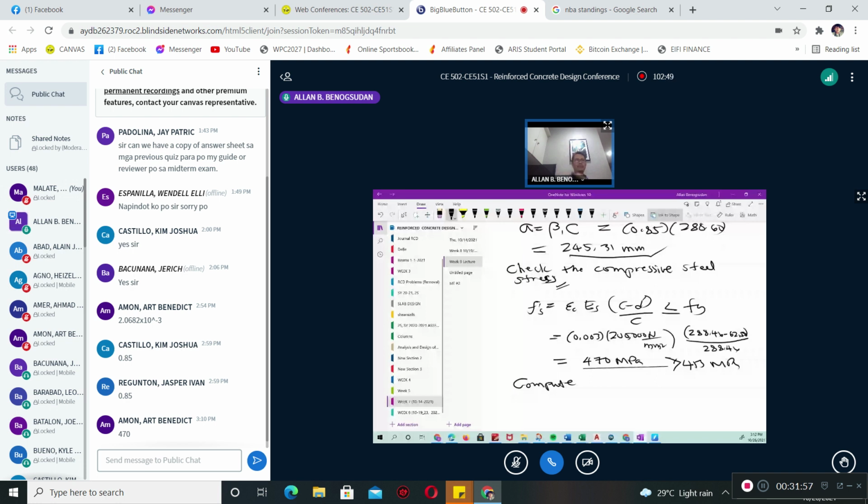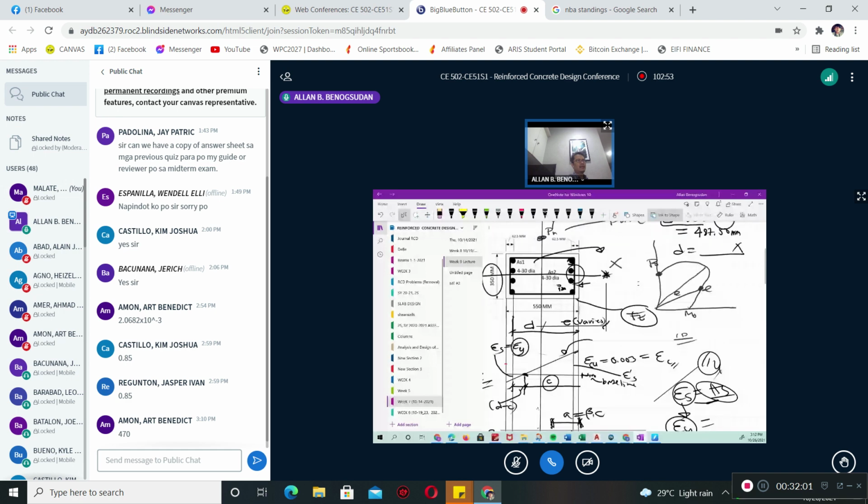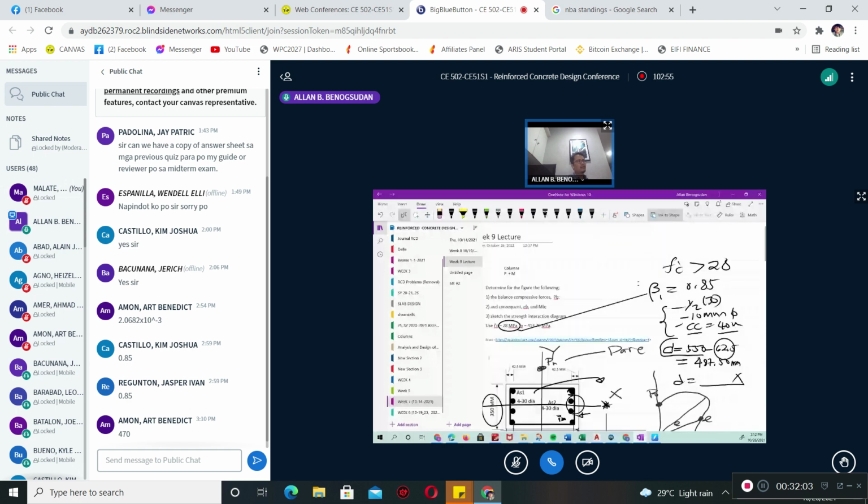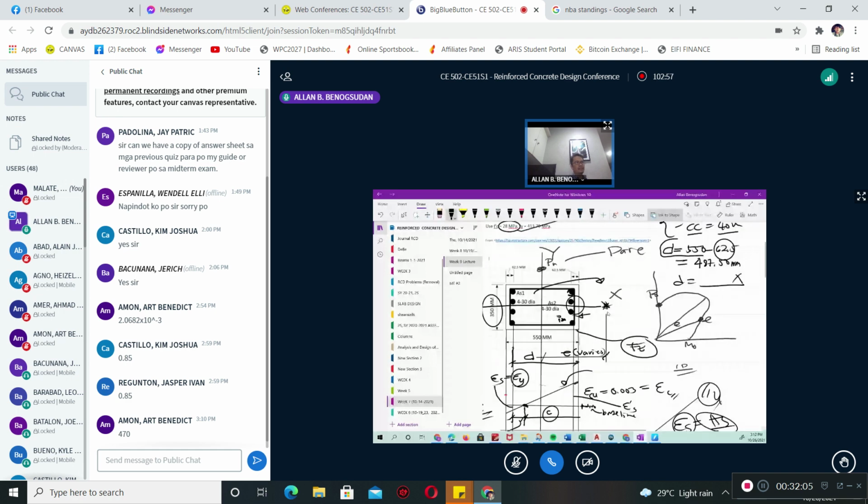Tignan nyo, kunwari, nagka-earthquake, maraming nasisira na mga building. Ganito yung mga nangyayari dyan. Nasisira ito. Karamihan nasisira yung column. Ibig sabihin nun, yung portion na to, kasi lateral, di ba?